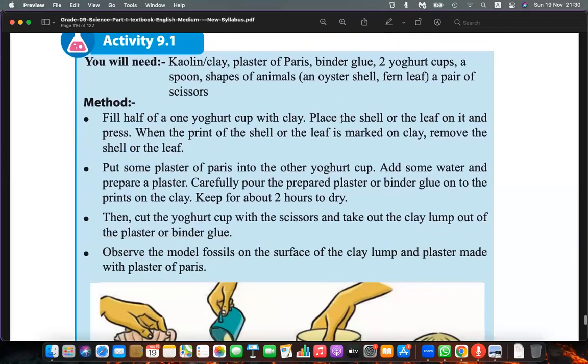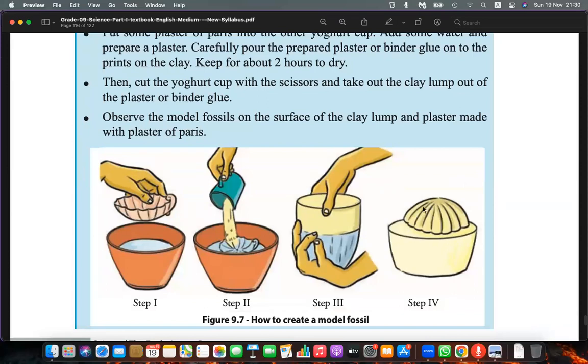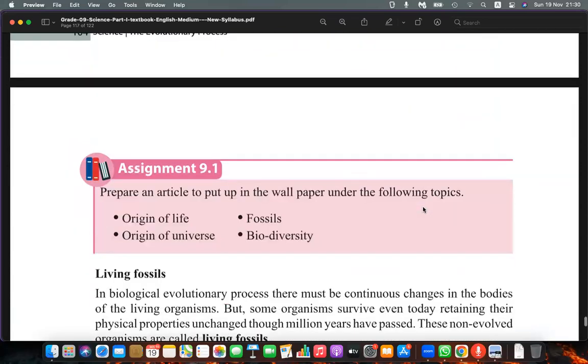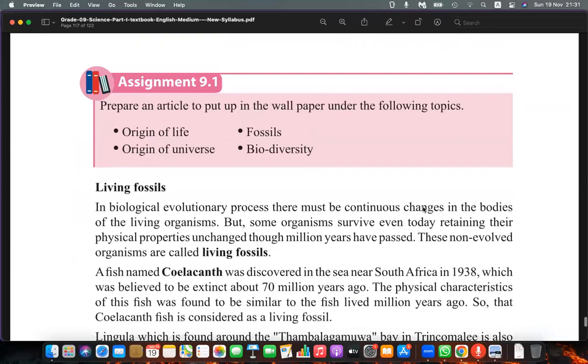And this is basically using clay, right? Using clay, this can be easily created. And living fossils. So living fossils are also an important thing. So what are these living fossils?